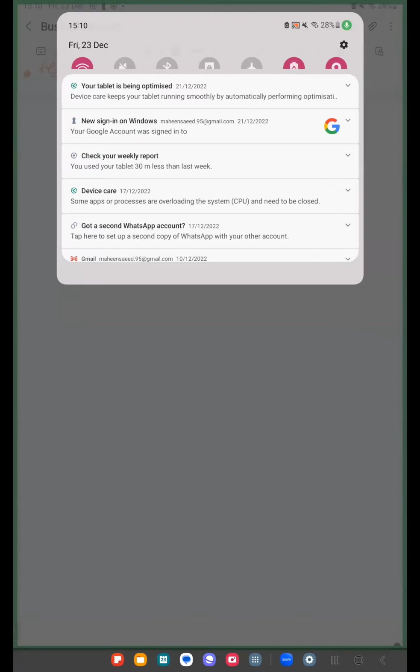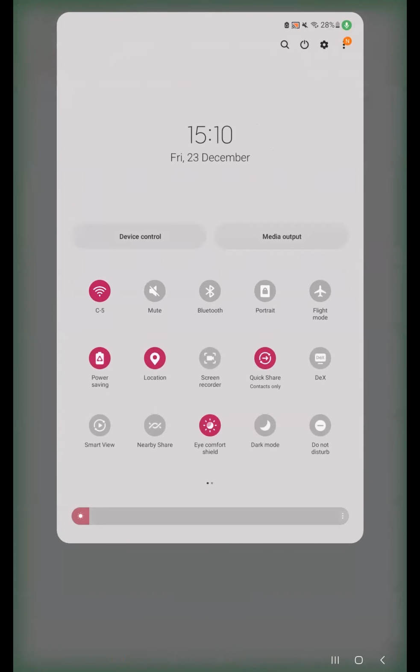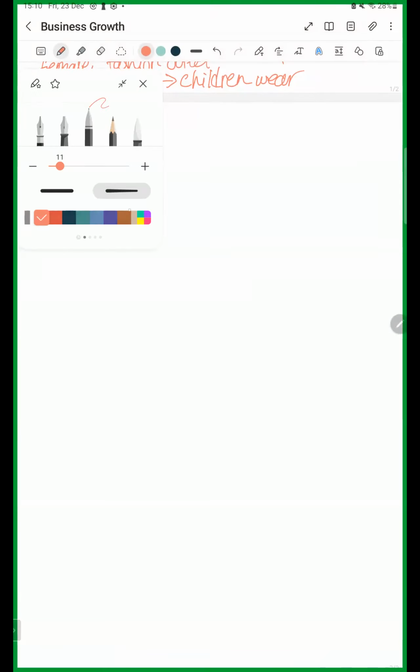When we talk about external growth, however, external growth is a little bit extensive. Okay.